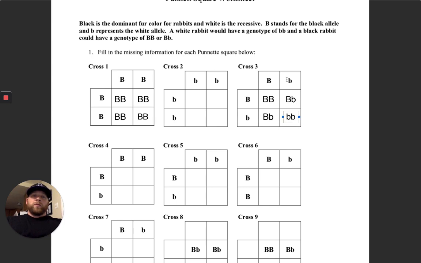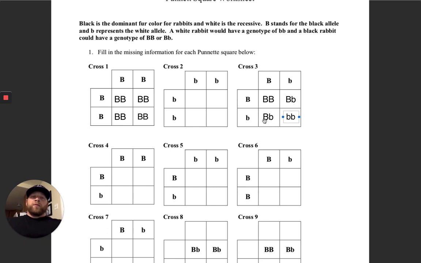So these parents would have 3 of their children with black fur, and then 1 potentially with white fur, which means these 3 all have the phenotype of black fur. This one has the phenotype of white fur.